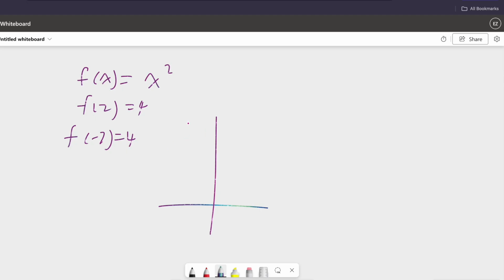And if you draw the graph for this, which is something like this, my graph is not perfect, so here should be connected. Okay, so this is x squared. So we say f of 2 is around here, and reflecting across the y-axis, when the input is reversed, we get f of minus 2.